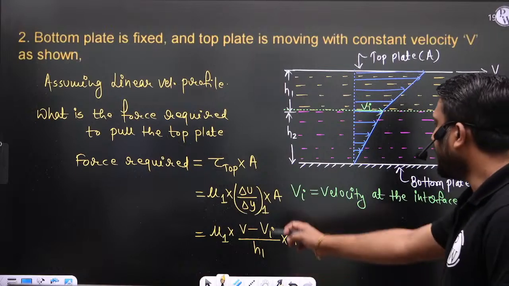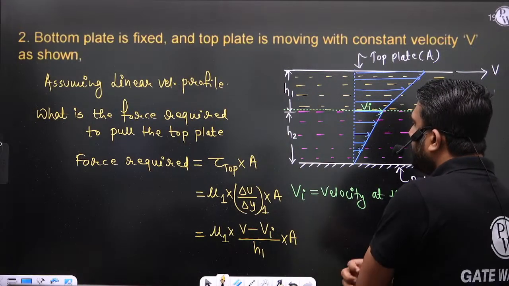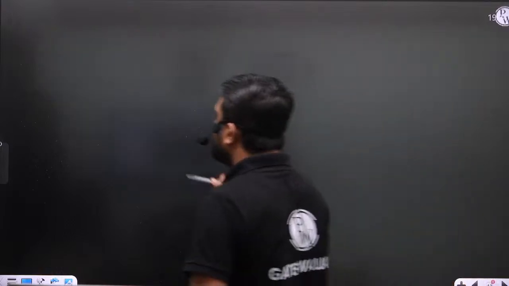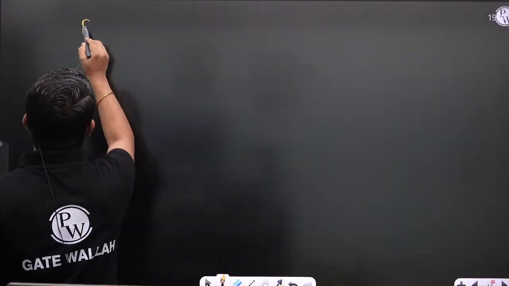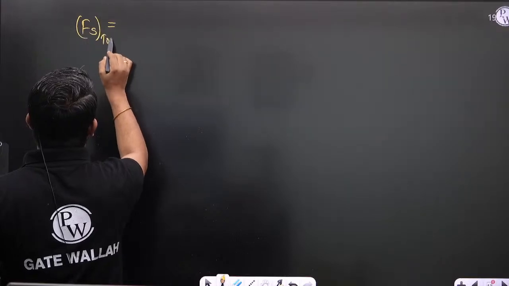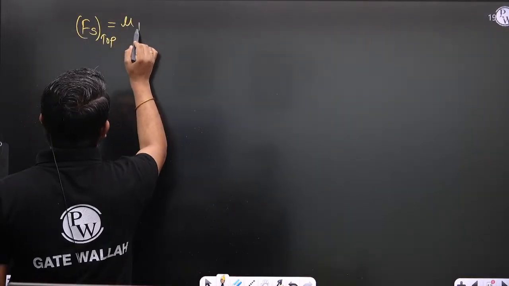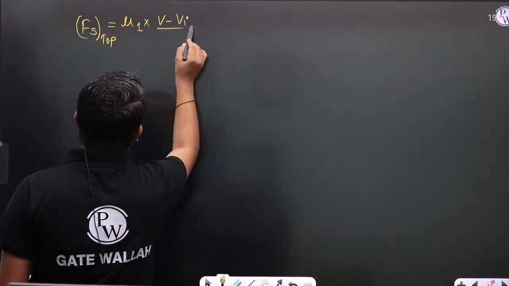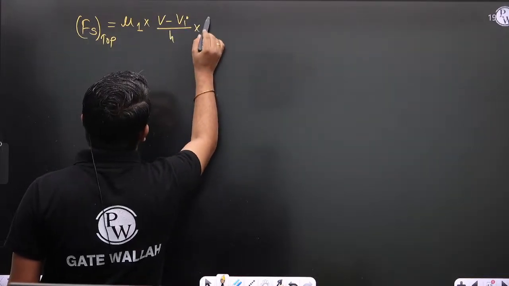The force required, we can write, is mu1 into v minus vi by h1 into A, right? So this is the shear force on the top plate, equal to mu1 into v minus vi divided by h1 multiplied by A.